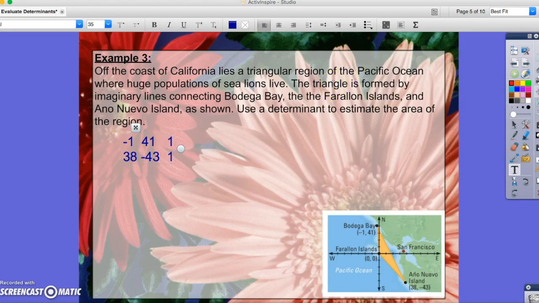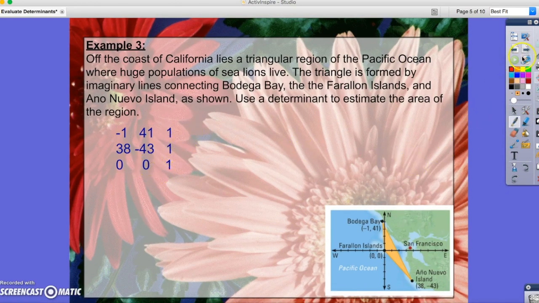Make sure I have enough space between these. All right, then my last ordered pair is 0, 0, and add a 1. So I'm making a matrix based off of my points. And I also have a plus or minus 1/2 in front.